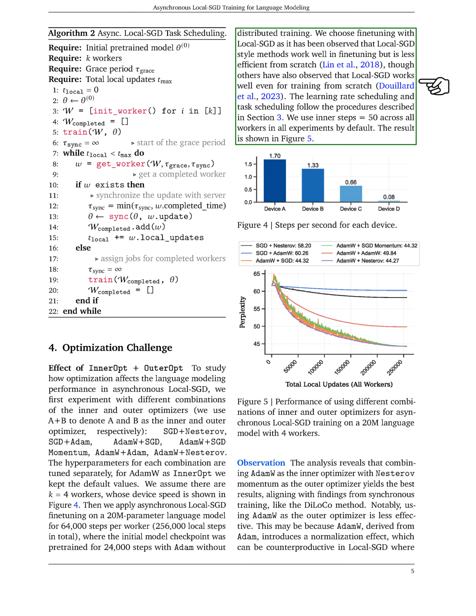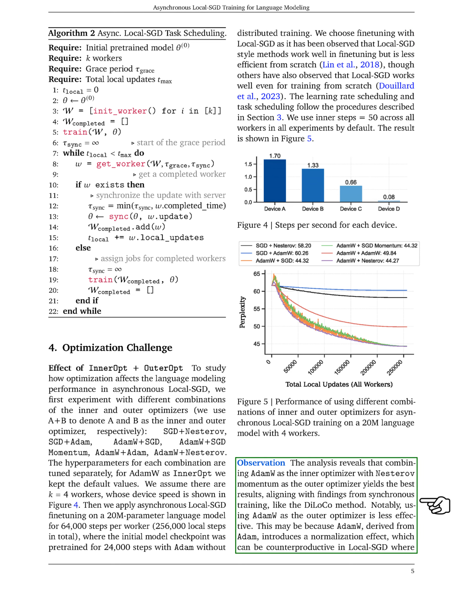However, others have also observed that Local-SGD works well even for training from scratch. We'll follow the learning rate scheduling and task scheduling procedures described in a previous section. We'll use 50 inner steps across all workers in all experiments by default. The result will be shown in a figure.